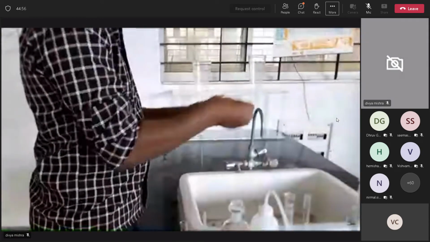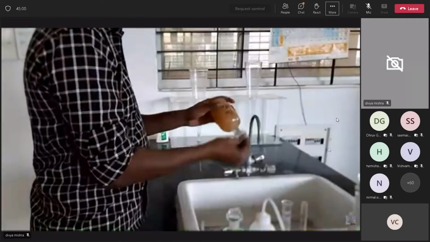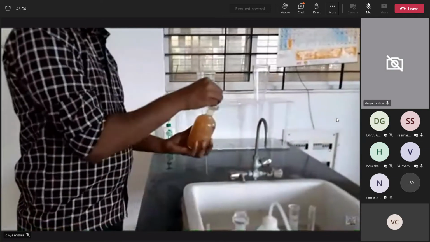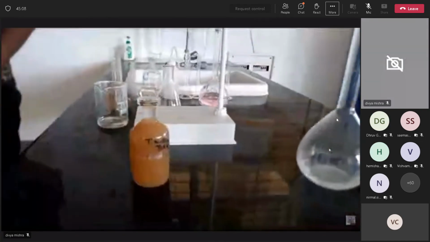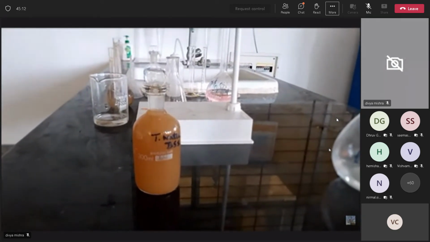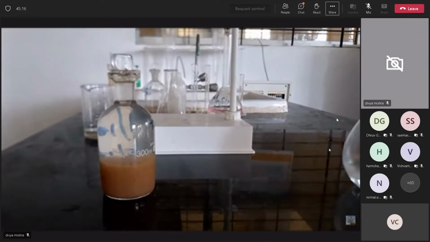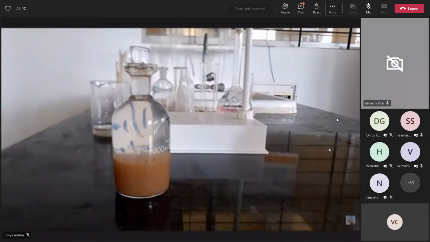It is being mixed well in order to eliminate the air bubbles which are trapped inside. Once all the air bubbles are eliminated, allow it to precipitate before the titration. After a while, you can see that it has precipitated completely.